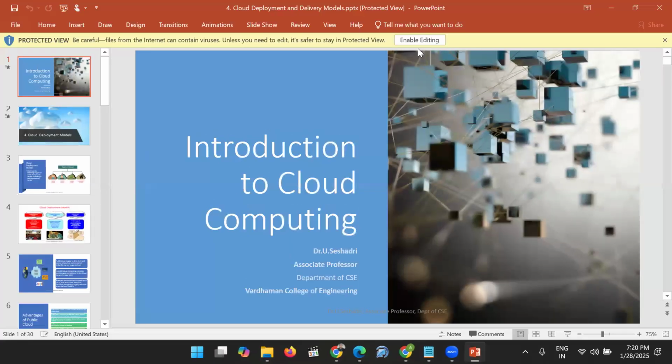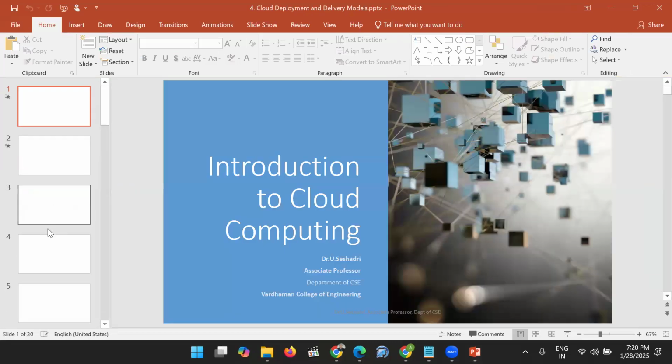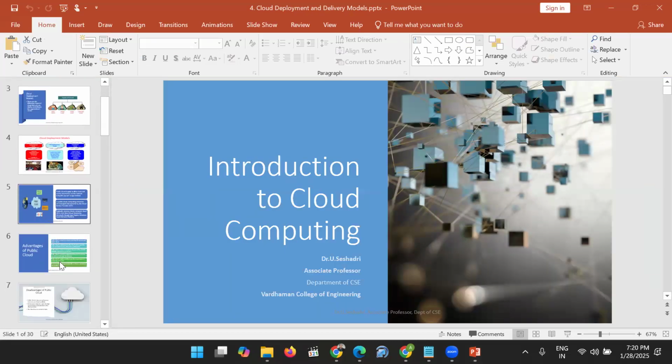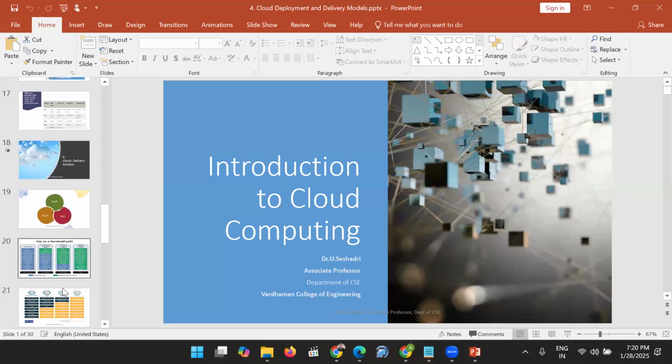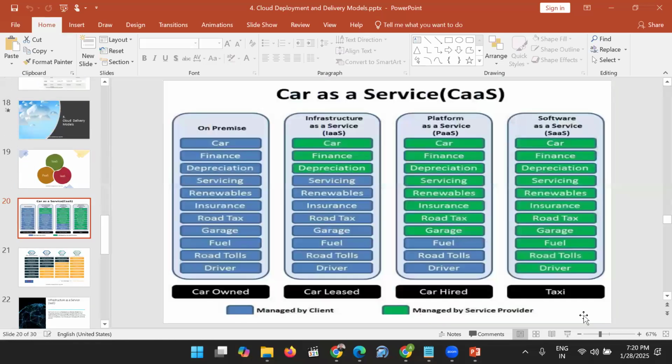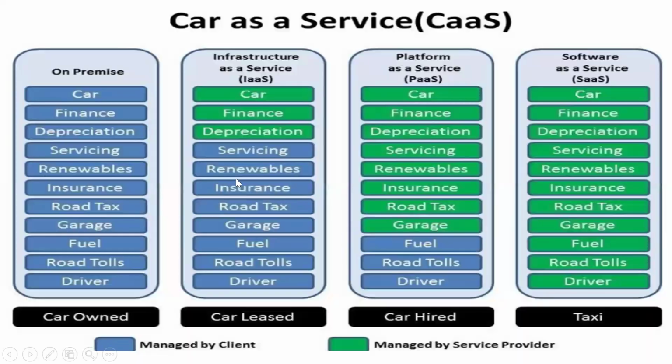If we are taking the car as an example, as in yesterday's session, before introducing cloud computing, I mentioned the car example. If we are using a car, we can use it in different ways.